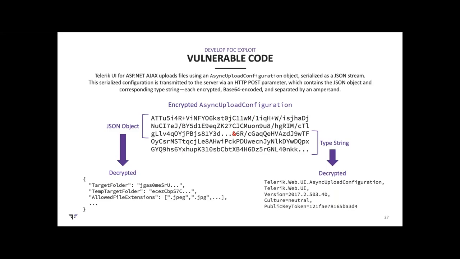And that configuration specifies things like where the file should be uploaded to, the allowed file extensions that you're allowed to upload, and it takes that object, the serialized object, and it encrypts both the JSON stream and the type, both of which I've explained and showed you in an example before, and it sticks them together with an ampersand in the middle and sends it over to the server.